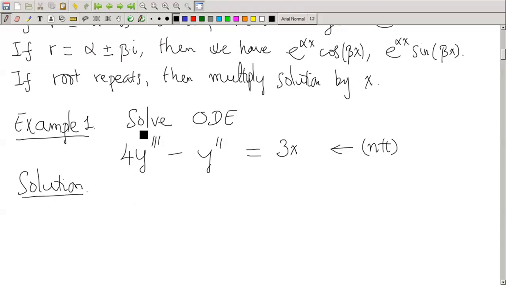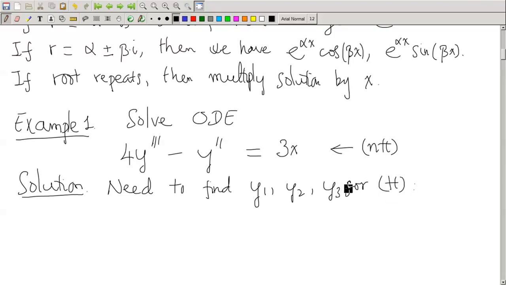Now the equation here is of order 3 because we have y triple prime, meaning that we need to find y1, y2, y3, solutions for the corresponding homogeneous equation. And the homogeneous equation is 4y triple prime minus y double prime equals 0.